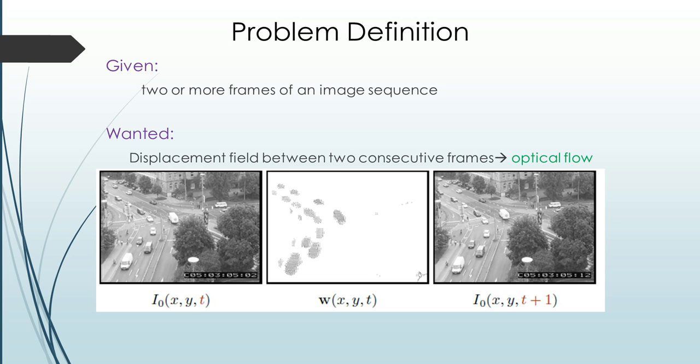This is what is defined as the optical flow, which is the displacement field, the actual direction of particular features in two consecutive frames. So we have an initial image, in this case x, y at a particular time t, and we want to find the optical flow from this image to another image at time t+1.